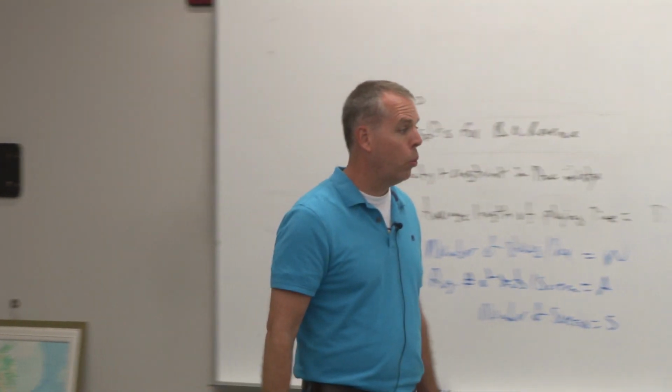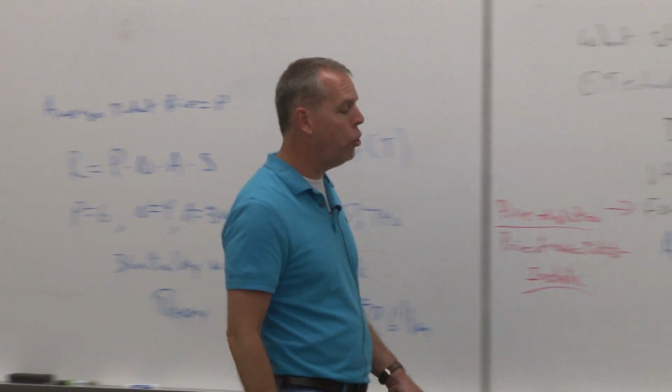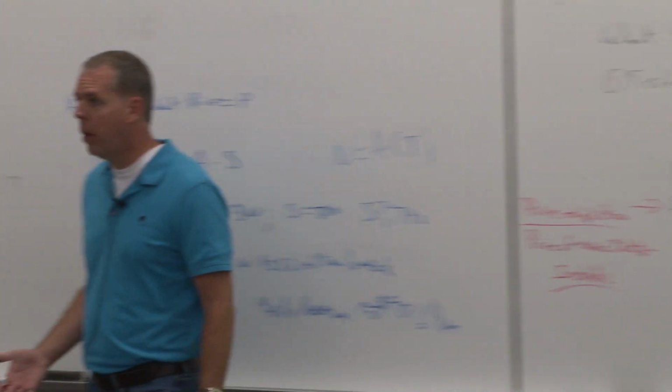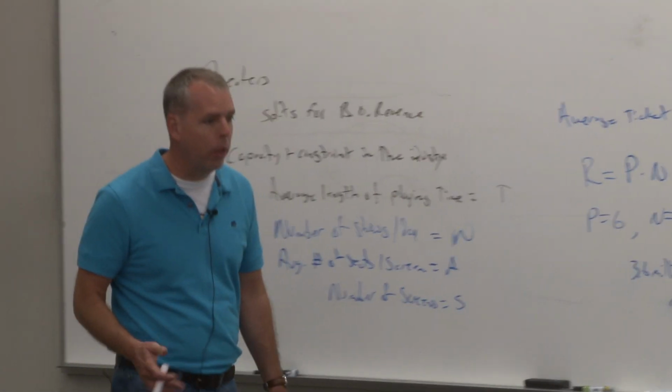Yeah, if we increase price 10%, we're not going to get 10% fewer people coming. We'll get 3% fewer people coming. Which means, what should you be doing in terms of price? Raising price. Why don't they raise price?